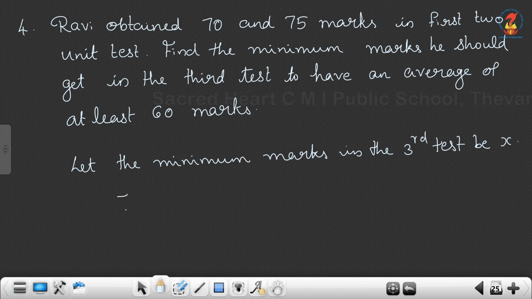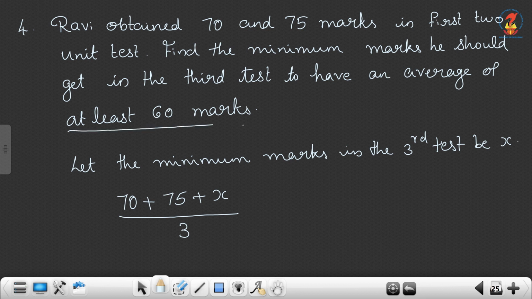Then what is given in the question? 70 is the first marks. That is first test marks. 75 is the marks in the second test and x is the third one. Its average. Average means divided by 3. Okay, and it is at least 60.